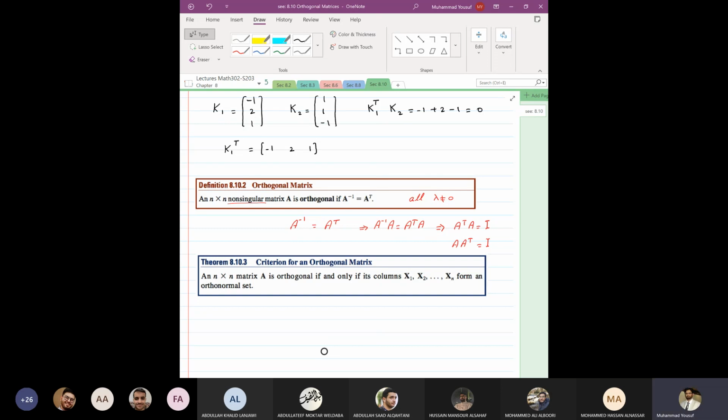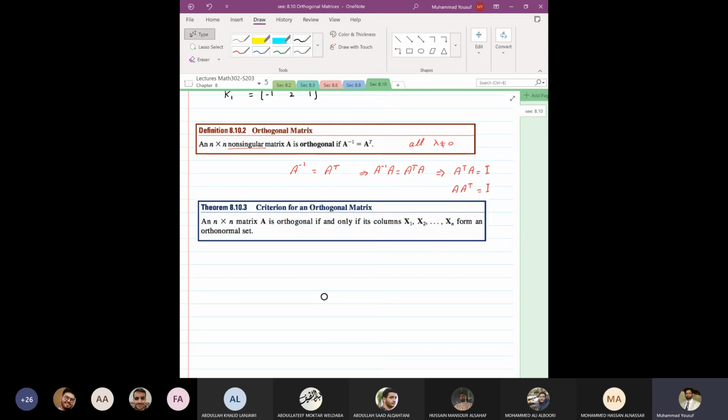The columns form an orthogonal set. That is, Xi transpose times Xj.